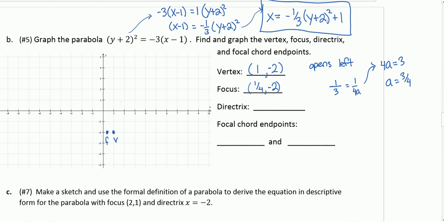And the directrix is going to be 3/4 to the right of the vertex. And it's going to be a vertical line. And it's the equation x equals, well, I was at 1 plus 3/4. So 1 3/4. Or if you want to write it as an improper fraction, you can say 7/4.